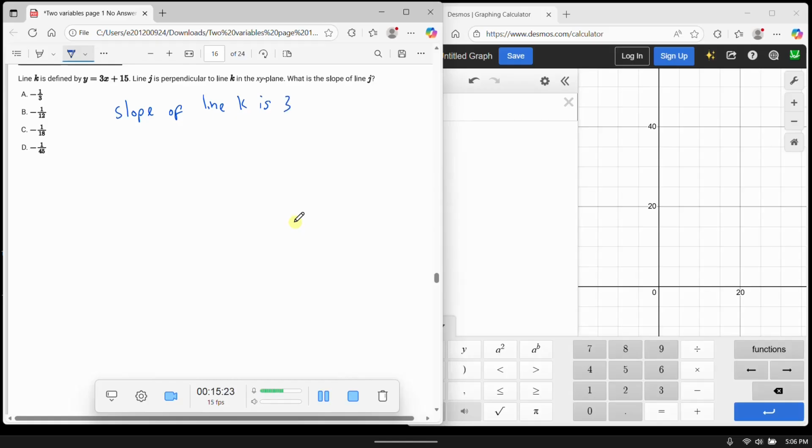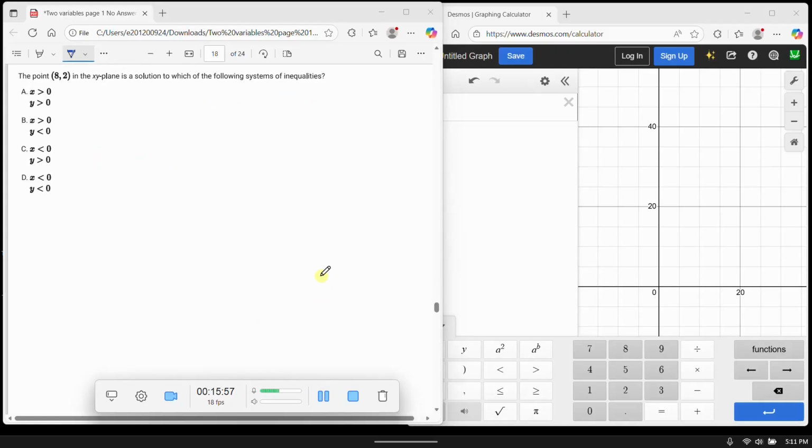So the slope of line J is just going to be the opposite reciprocal. So you flip 3. 3 is 3 over 1. So you flip it, you're going to get 1 over 3. But you have to switch the sign. Right now it's positive for K. For J, you're going to have a negative 1 over 3. So the answer is A.